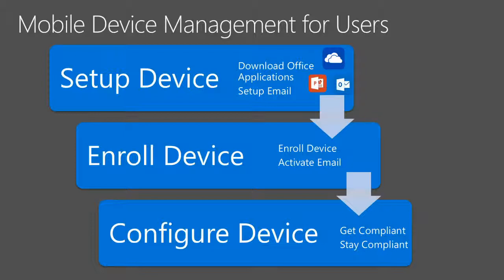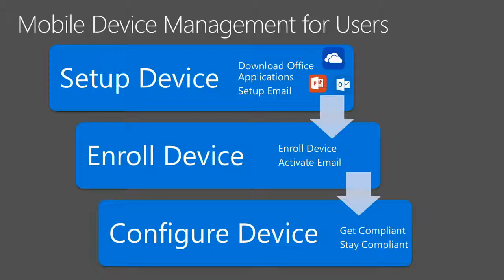And then the next step, traditionally with MDMs, you maybe have to encourage your users to enroll. But in this case, the minute that I as an end user try to connect with my company in some way, whether it's connecting to the company to get email, or connecting to SharePoint to get access to some documents, through the power of Office 365, Azure Active Directory, and Intune, I'm going to be prompted to enroll my device if the policy for me or the group that I'm in is set for conditional access.